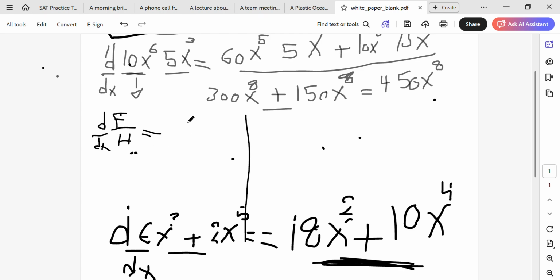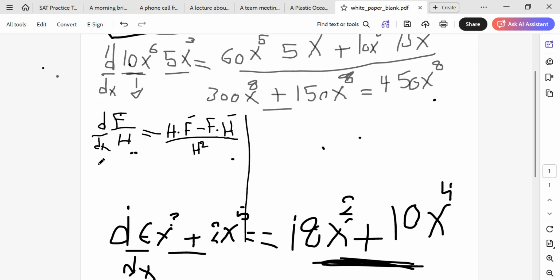So it will be equal to H times the derivative of F. That means the denominator times the derivative of the numerator, minus the variable on the top, which is F, times the derivative of the bottom, which is H. All of this is divided by H squared. So that is the rule for the derivative in case of a divide one.